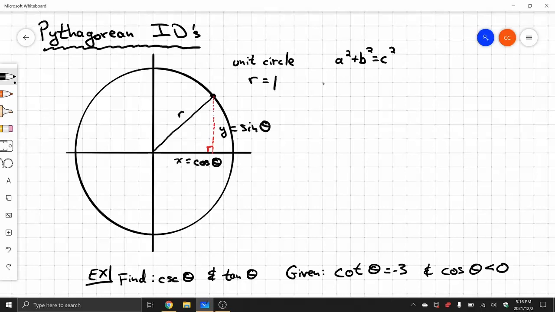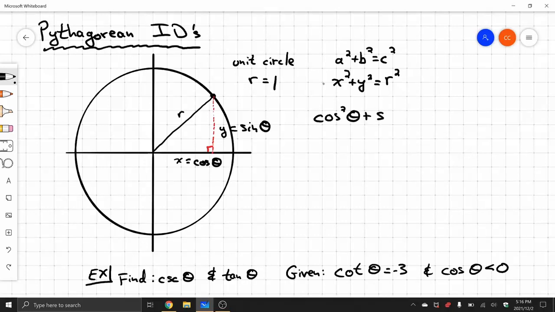I've got a squared plus b squared is equal to c squared, or x squared plus y squared is equal to r squared, in terms of this triangle. So what is my x here? My x is cosine theta, so x squared is going to be cosine squared theta.